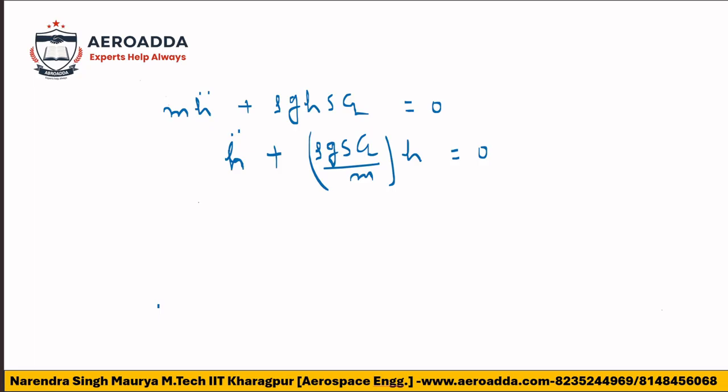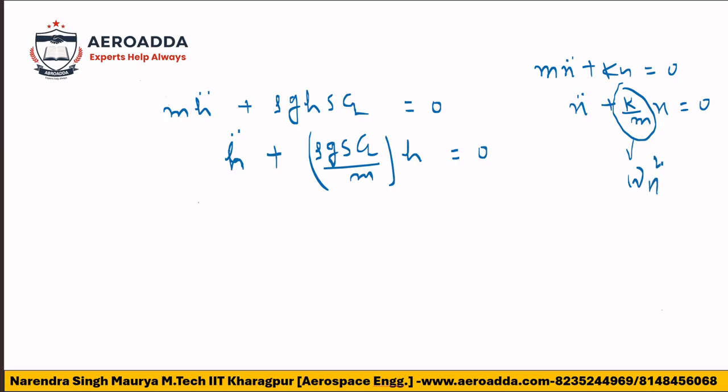Check. If you write in this format, you can just compare it with your main equation. What was the main equation? M x double dot plus k x. I mean, if you want to write the natural frequency, you can write x double dot plus k by m times x. What was the natural frequency? Omega square is k by m. This was done in vibration. Similarly here also, what will be the natural frequency, because it's a long period oscillation.